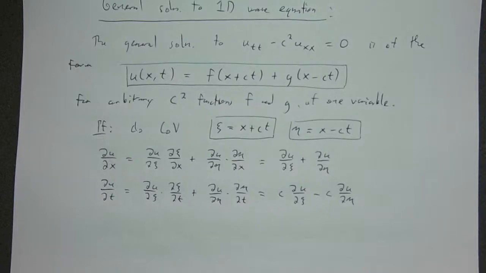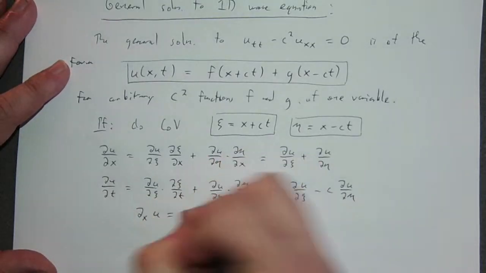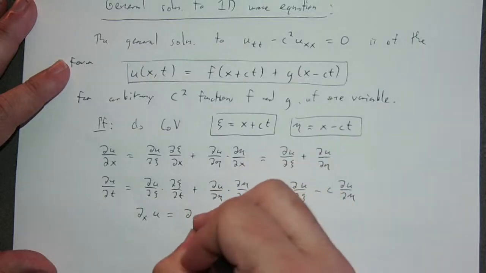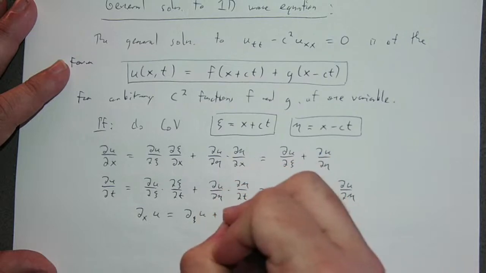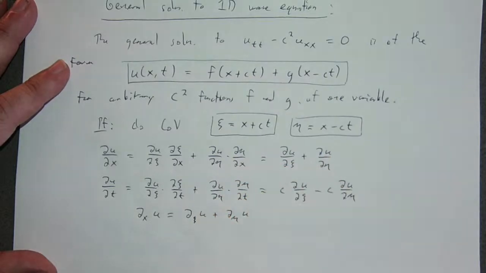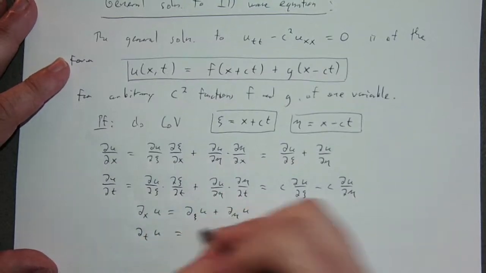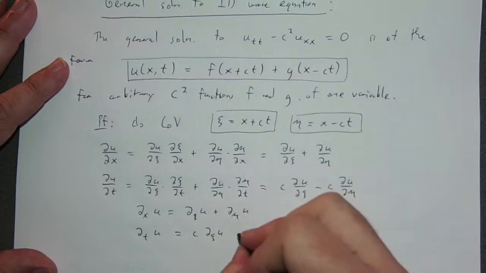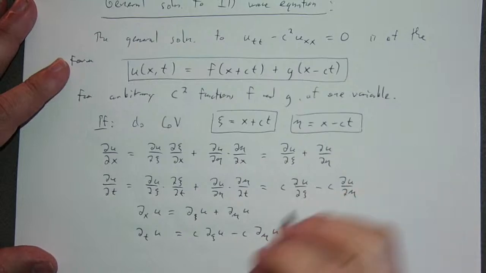So if we write this in operator notation, the x partial of u is del sub c of u plus del sub eta of u, and del sub t of u is c del sub c of u minus c del sub eta of u.